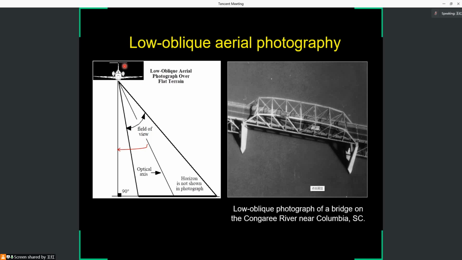So if you use the oblique view, you can compare the difference in height.